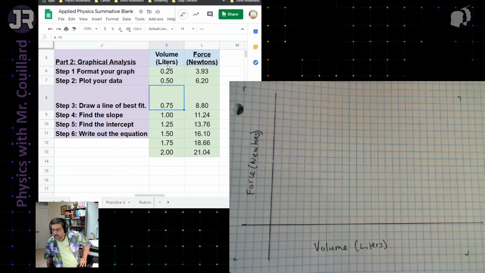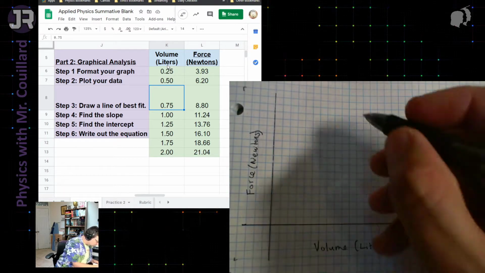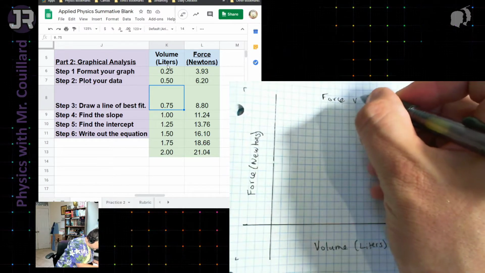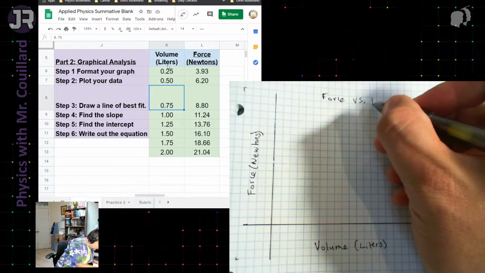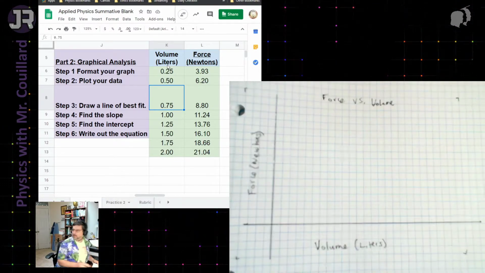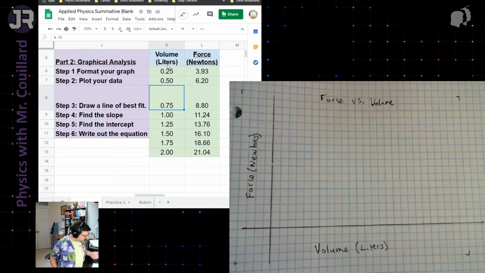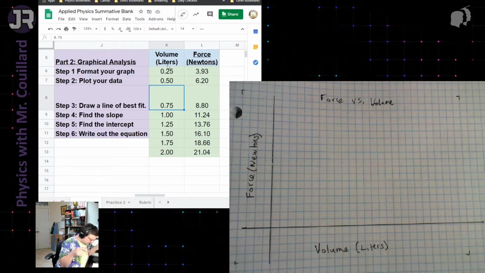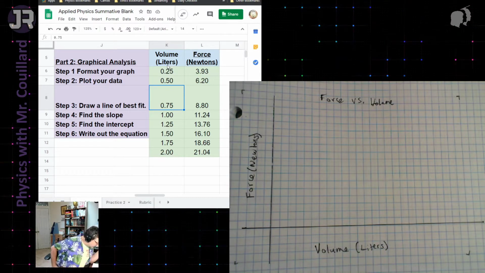And then we need a title, and the title is always going to be vertical versus horizontal. So it's going to be force versus volume, right? Okay, so there's our title, axes, labels, units. All right, so we've got a bunch of easy points here right off the bat.